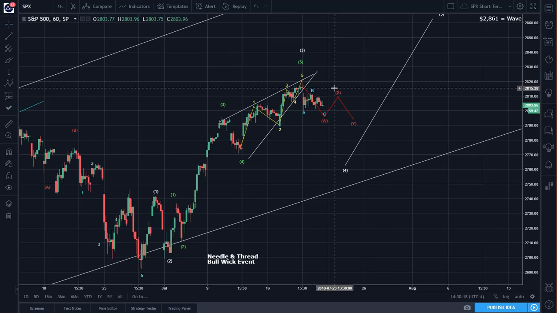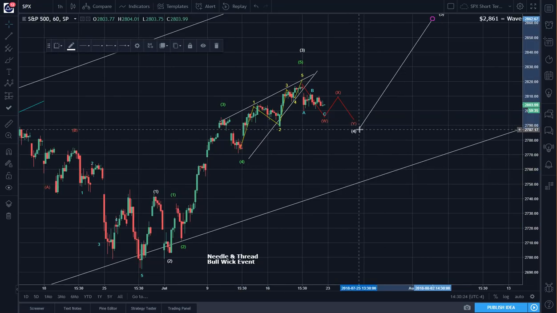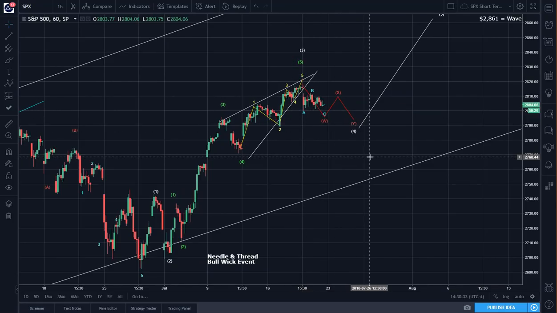X will have, Y will have ABC as well. And that's probably where wave 4 will go to. The WXY usually moves sideways without much direction of up or down, but it can lean. In this case, it's leaning downwards.